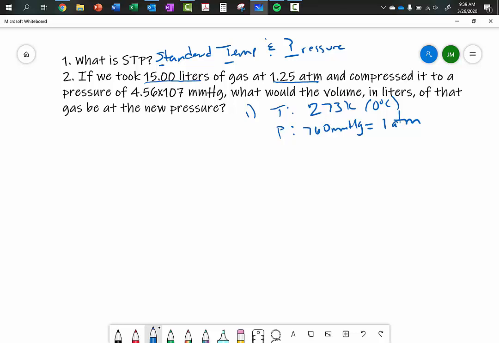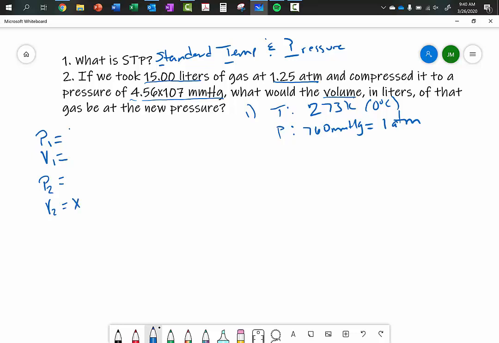And it says that we're going to compress this volume of gas to this pressure here. And we want to know the volume. So it appears that we have a P1 value, a V1 value, and a P2 value. And we want to find V2.